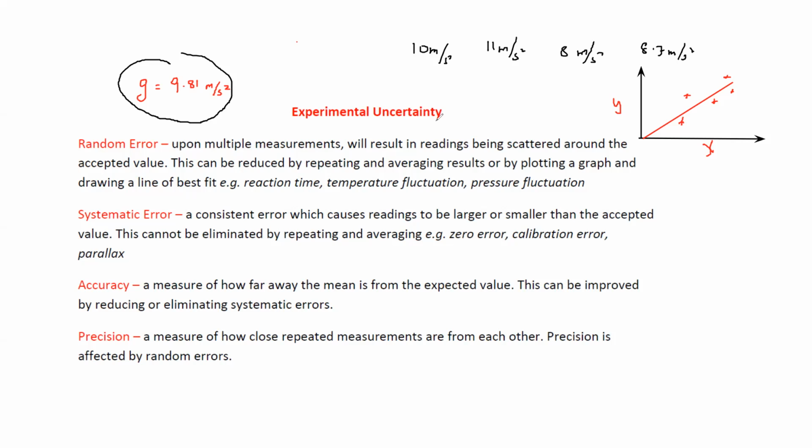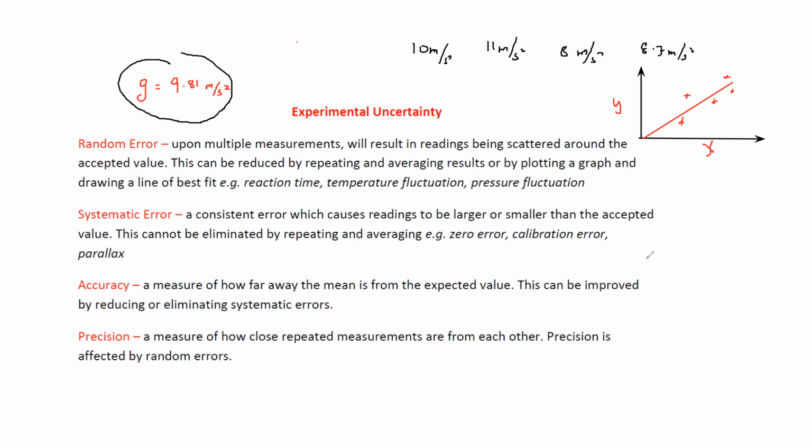But what about systematic error? A systematic error is a consistent error which causes the reading to be larger or smaller than the accepted value. This cannot be eliminated by repeating or taking an average, such as zero error, calibration error or parallax error.